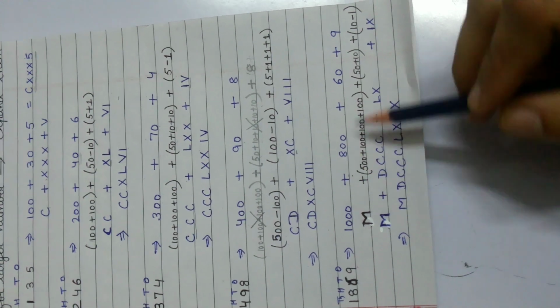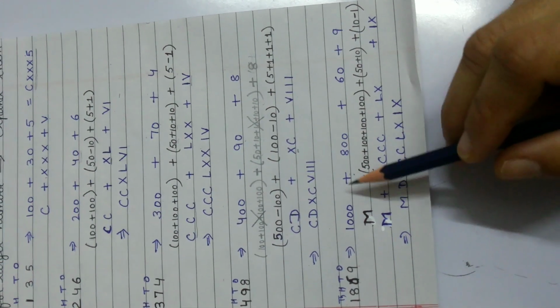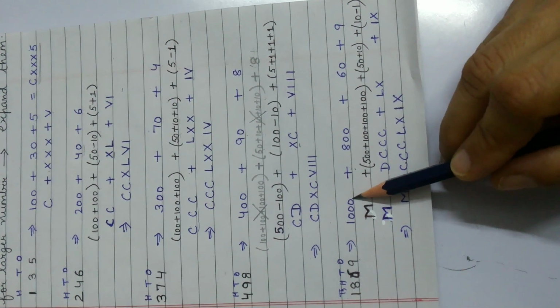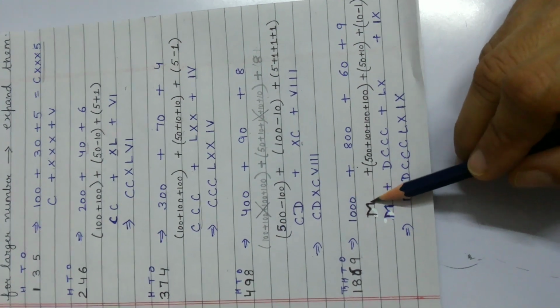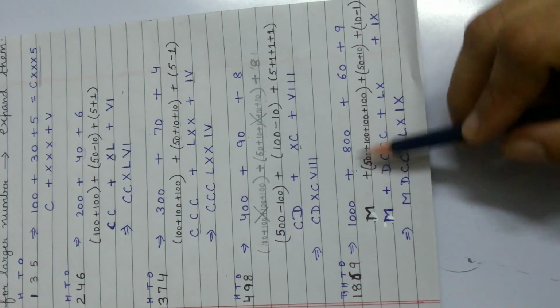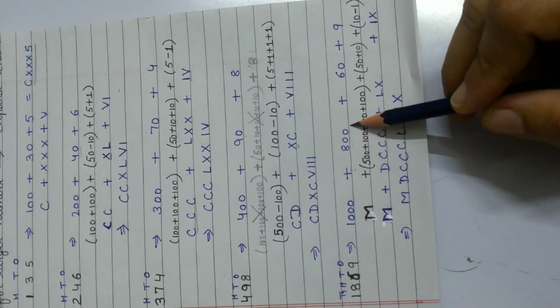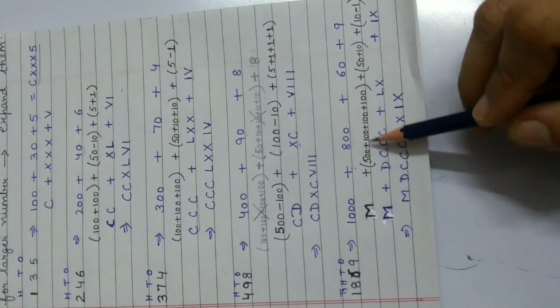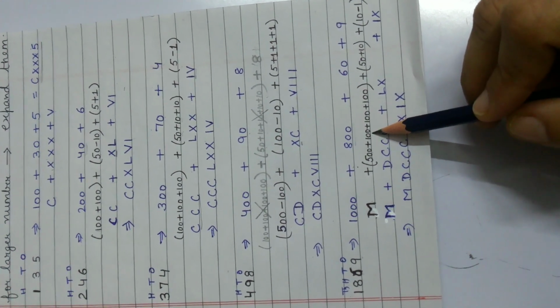Now since I have expanded it, I'll put signs corresponding to the values. Do I have a symbol for 1000? Yes, that is M. Do I have a symbol for 800? No. I know that I have a symbol for 500 and I have a symbol for 100.